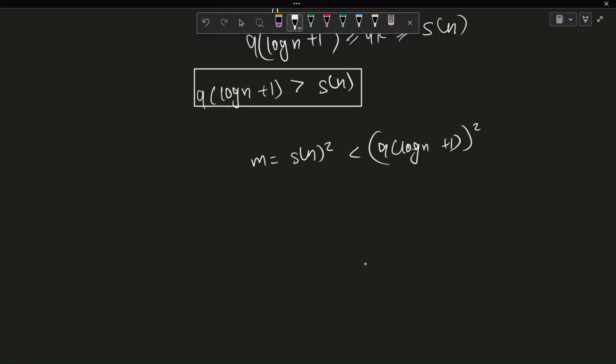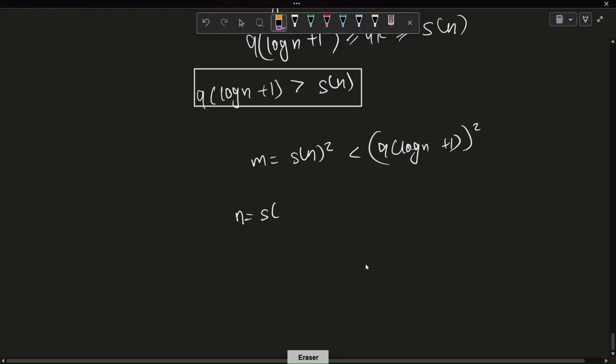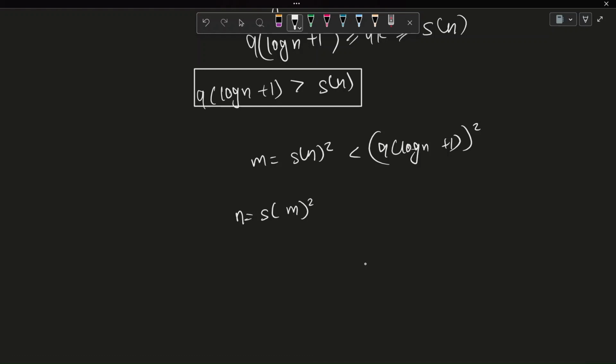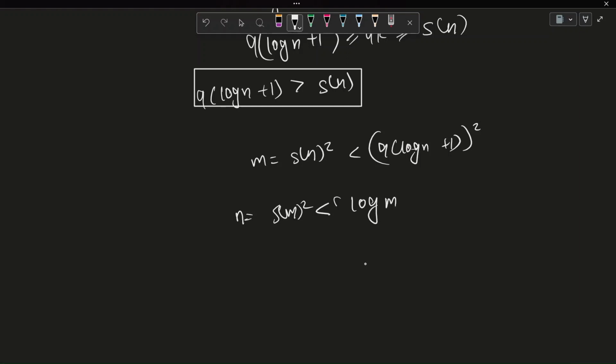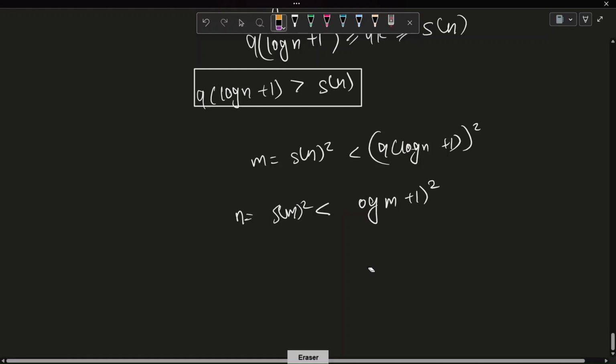Now n equals s of m the whole square. Suppose we write this as s of m the whole square, and it is less than 9 times log of m plus 1 the whole square, the same inequality applied to m. 9 should be inside the whole square.